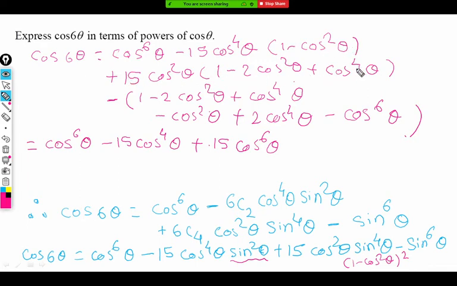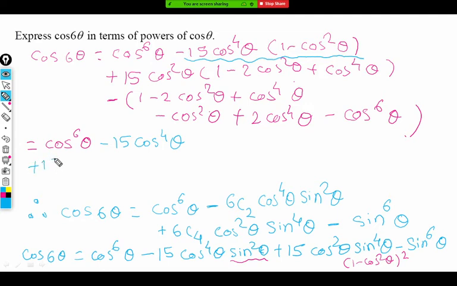It's better if I write equal terms together, so let me write it this way: minus 15 cos raised to 4 theta, plus 15 cos raised to 6 theta. That's one.